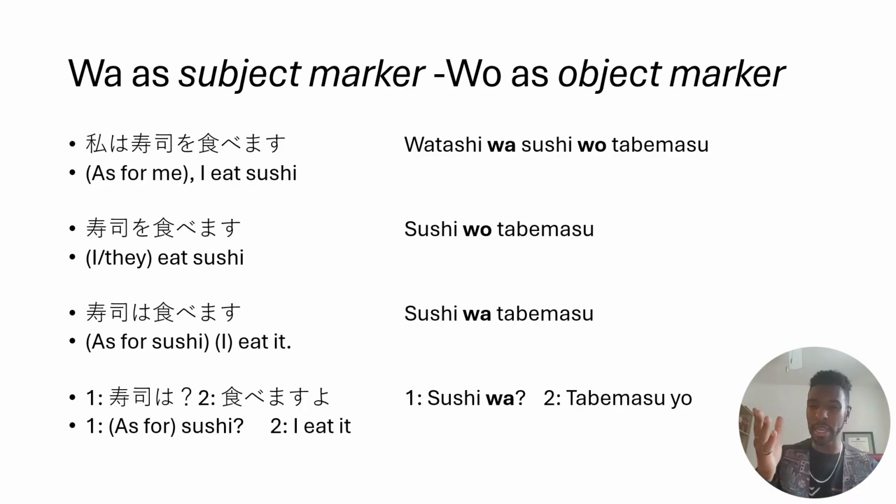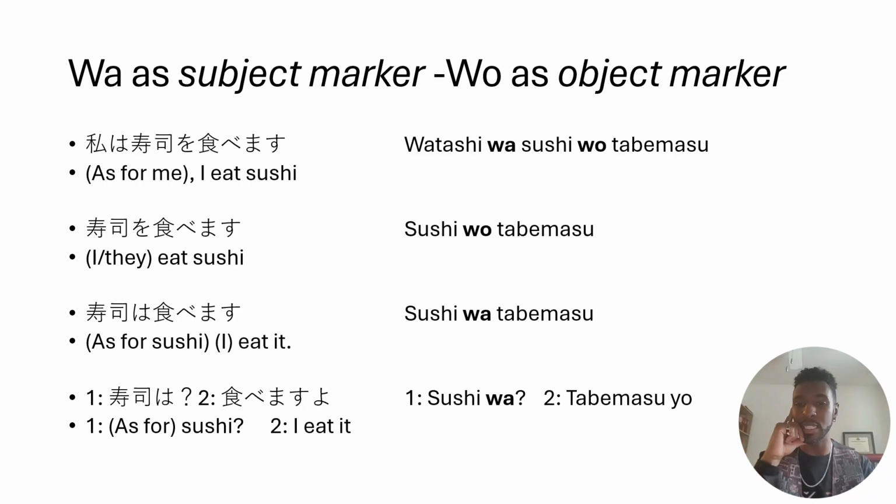And a little note, this might be a little unclear, but maybe for people who've been studying Japanese a little bit longer, you can say sushi wa tabemasu. There is a slight nuance difference. Sushi o tabemasu. Remember, o is the direct object modifier. Sushi is the thing that's being eaten. In this case, why am I saying sushi wa tabemasu?